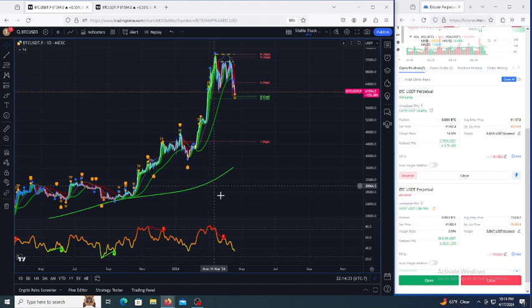Okay. So let's just look at the daily. Let's see. Right here was the top. You got an M pattern, and then on your next dip, right there, that was the top. This is actually like a big M pattern.